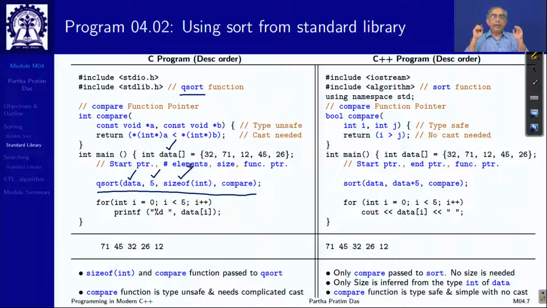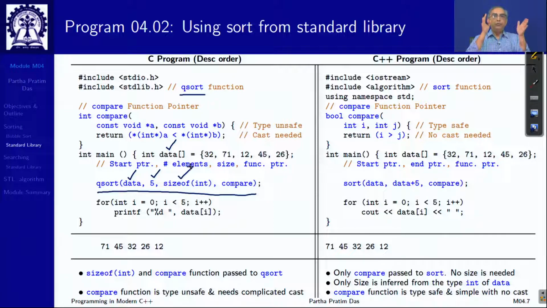But in general, you may not know how to compare 2 values of a certain data type. For example, the elements could be strings themselves. How do you compare 2 strings? You cannot do it by the comparison operator. You have to use strcmp or something.